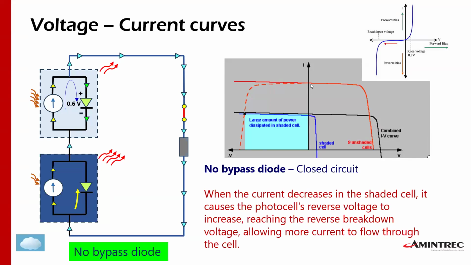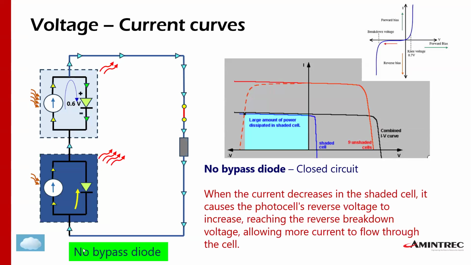So the panel will heat up. Now, if I add those two curves, the red one and the blue one, I will have the final curve, which is this one. Okay, so that will be this current over here. If I have this current at the end, you will see a decrease of performance of the panel.